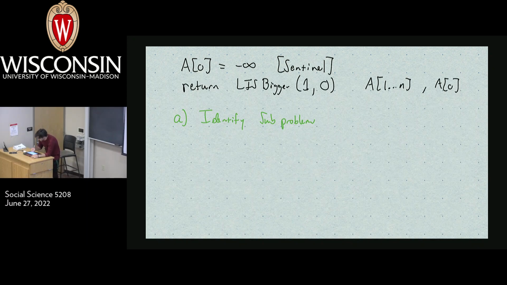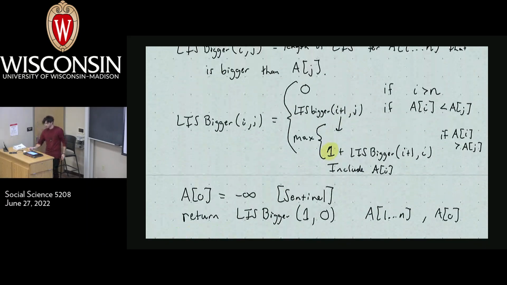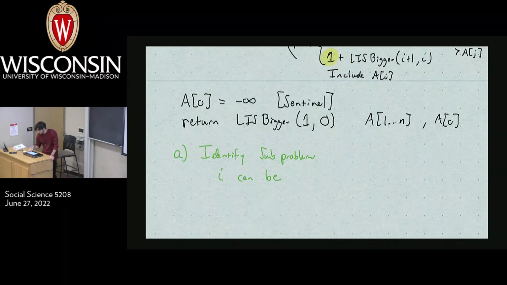So what values could I take? What values does I take? So we know 1 for sure because we plug in 1 immediately.